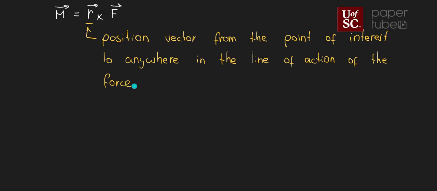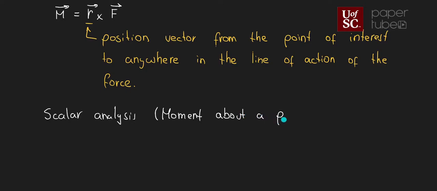All right, so that is using vectors: a cross product of the position vector cross the force vector. If we want to use scalar analysis, and this again is to define the moment about a point, in particular, this is useful for 2D.